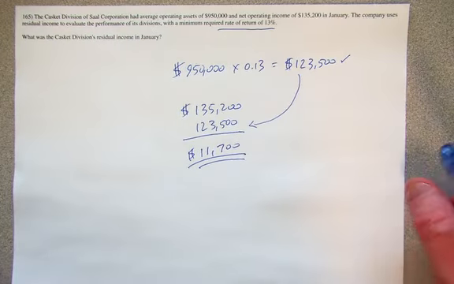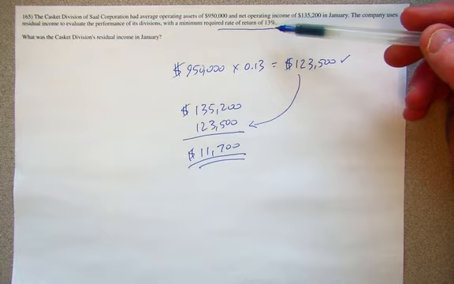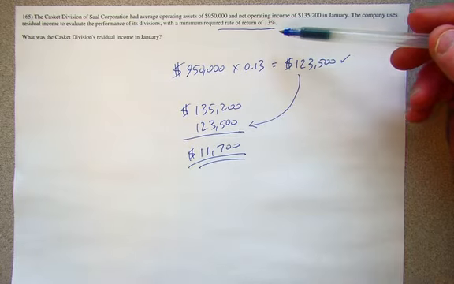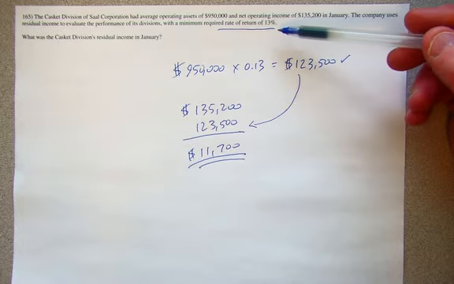Now, as for situations where you would want to use residual income, it's possible that a company could have an investment opportunity that would exceed this required rate of return, but might cause return on investment to decline, especially if return on investment was greater than 13%.